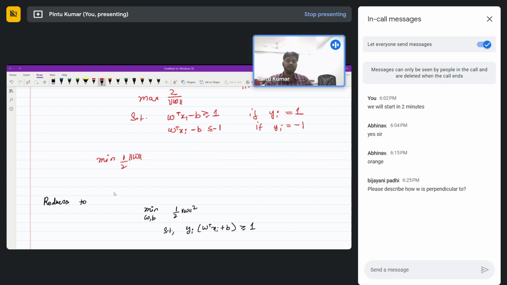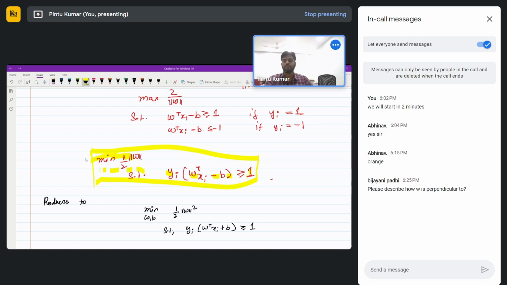And I'll club these two constraints. So this can be written collectively as yi into W transpose xi minus B is greater than or equal to 1. So my task of SVM is reduced to minimizing this quantity subject to these constraints.